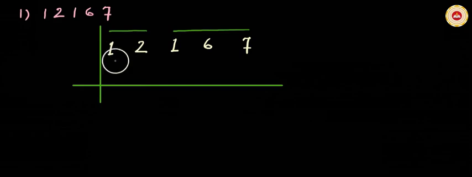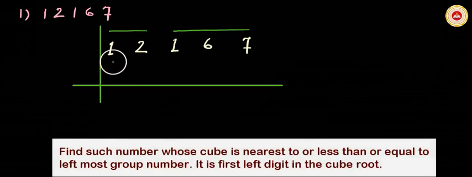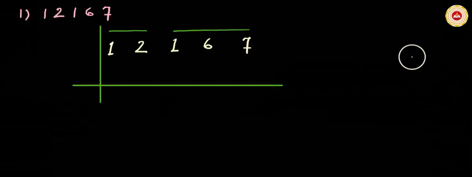Now observe the leftmost group, which is 12 in this example. Find such a number whose cube is nearest to this 12 but less than or equal to 12. Which is that number? 1 cubed is 1, 2 cubed is 8, 3 cubed is 27.